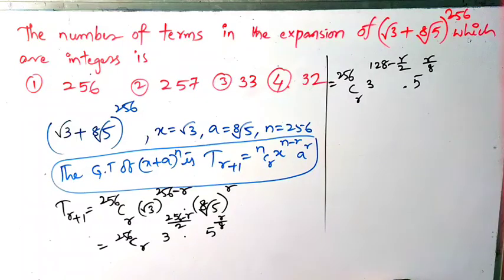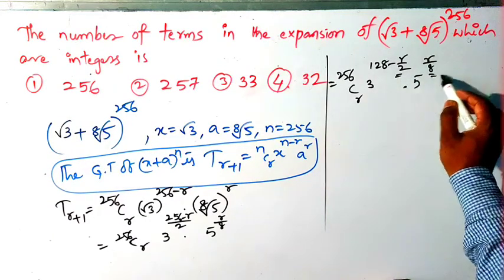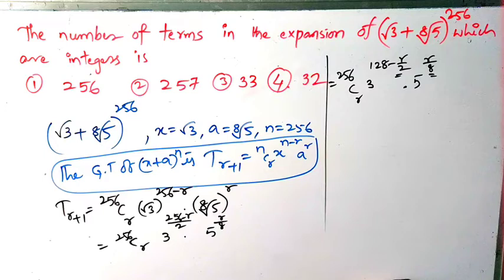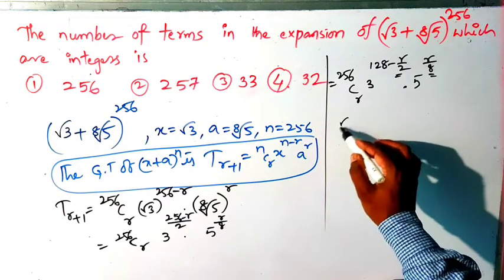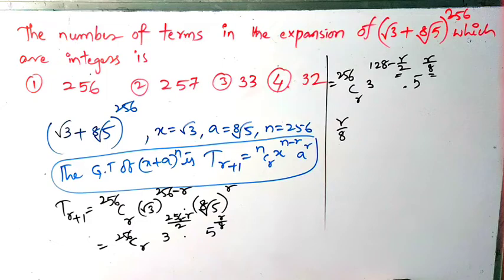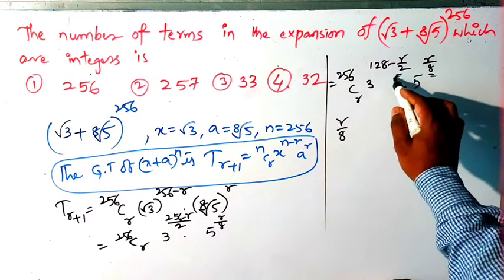So to get integers here, 2 is there and 8 is there, so in this combination 8 is the LCM. So we have to take multiples of 8, r by 8. Why? Because when we take multiples of 8, both conditions are satisfied.